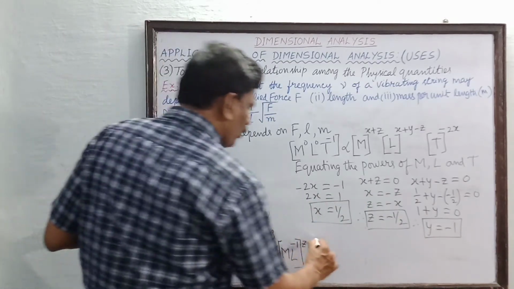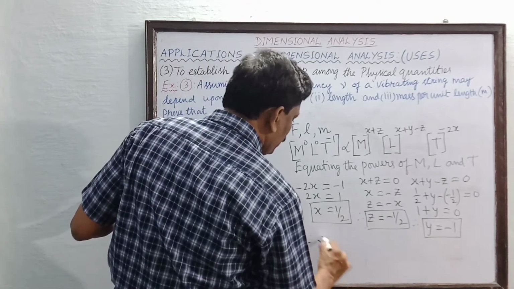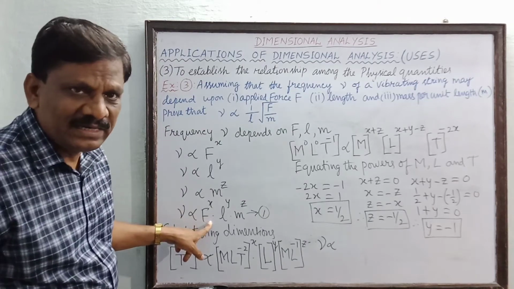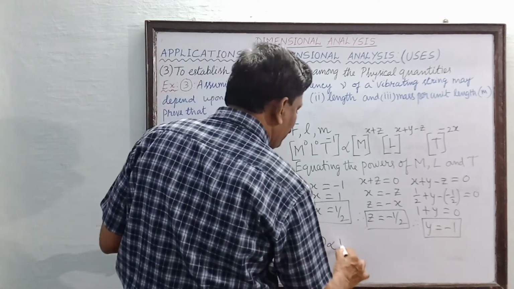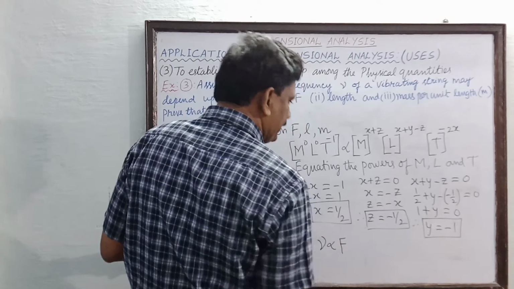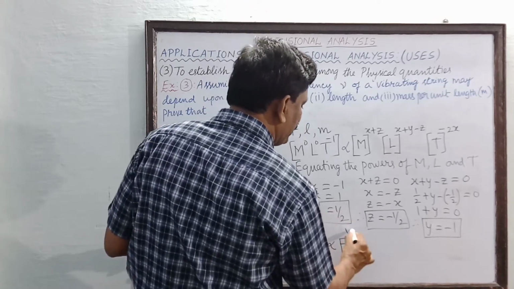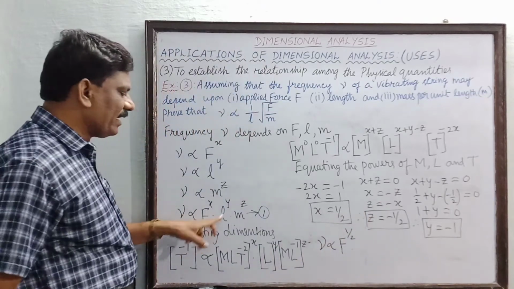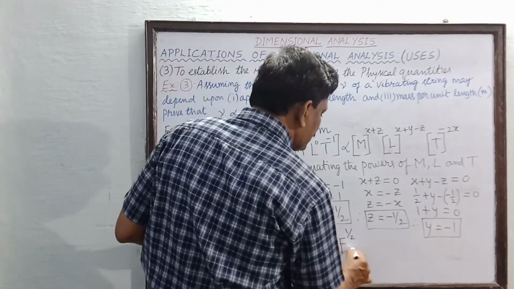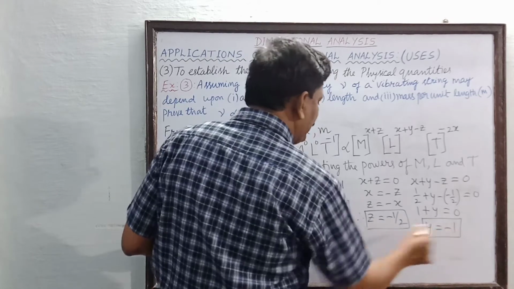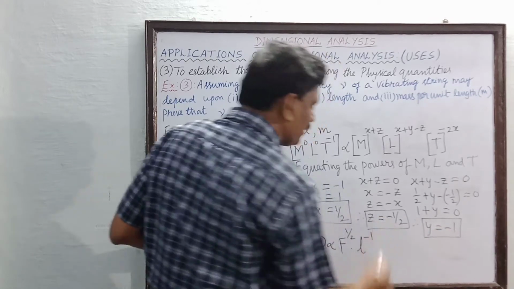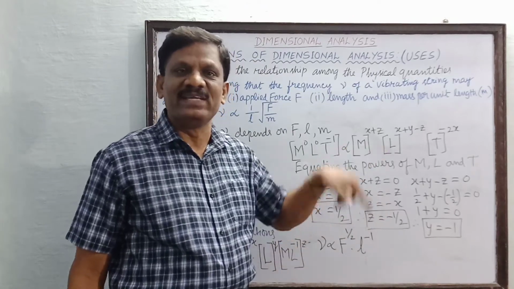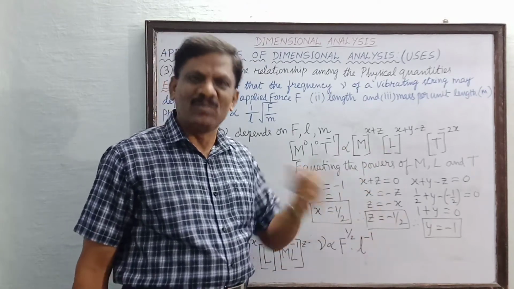Therefore nu is proportional to F power x, force F to the power x. What is x? 1 by 2. So it is power 1 by 2 into L raised to the power y, which is minus 1. Minus 1 means it is going to appear in the denominator. L power minus 1 is nothing but 1 by L.